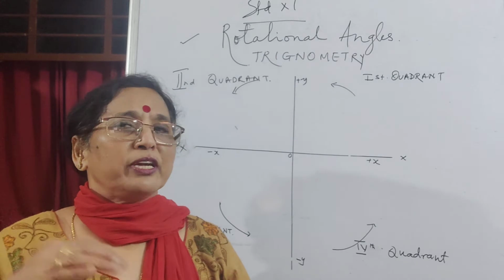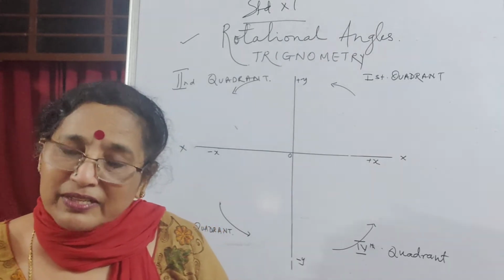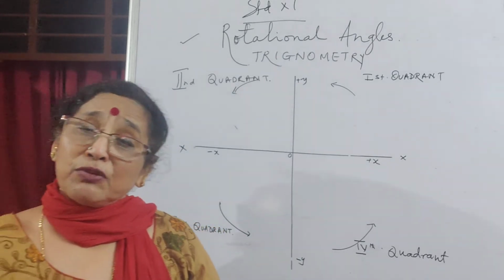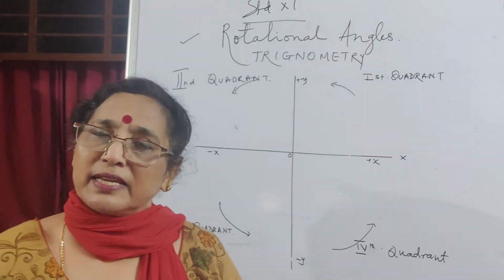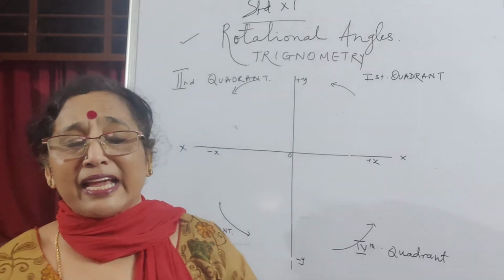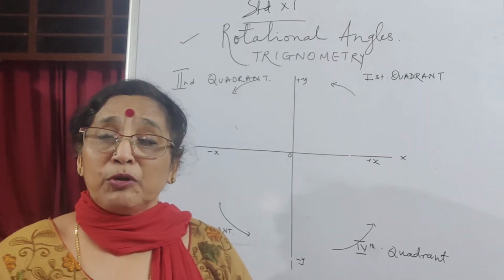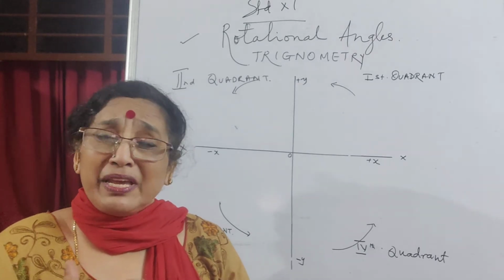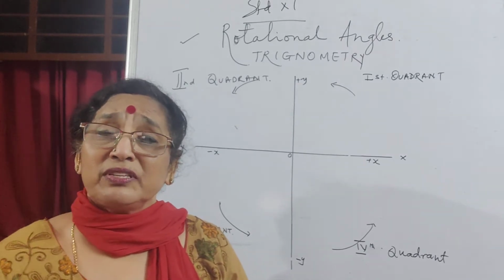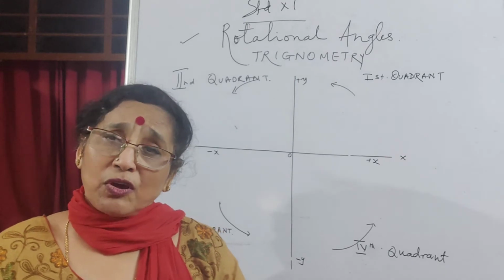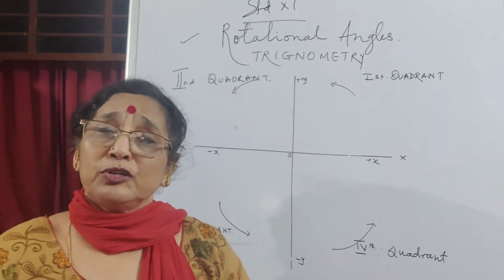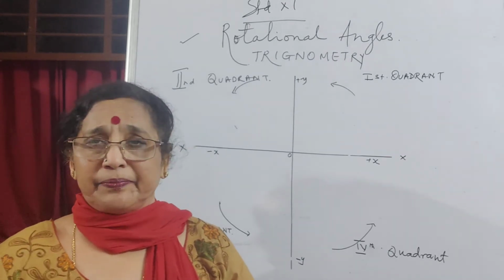Once we go around a point, we complete a round, and that's 360 degrees. We know of acute angles, obtuse angles, reflex angles, straight angles, angles around a point. But what is the meaning when the angle exceeds 360? So we resolve it, or we break it, into angular displacements.